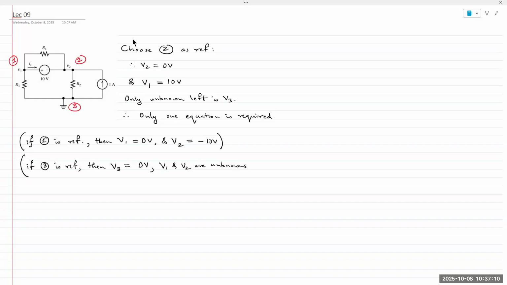However, we can also write, because it's a voltage supply and V1 is at the positive terminal, V1 minus V2 is equal to 10. So the voltage of the voltage source can be written as V1 minus V2 equals 10.